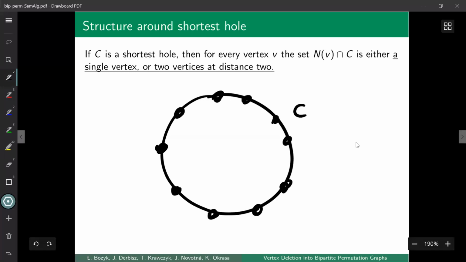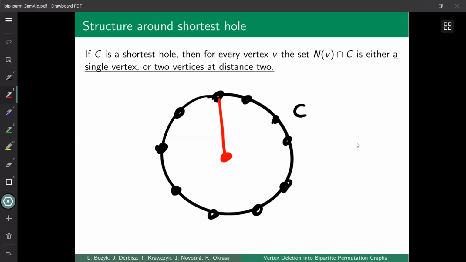And take any other vertex in our graph. We know that this hole is dominating, and our graph is a connected almost bipartite permutation graph. So there is at least one neighbor, and now it's either only one, which is fine, or there is another one somewhere.